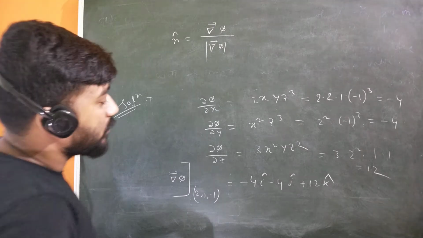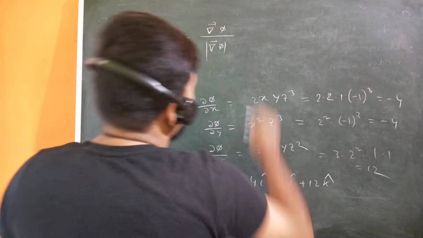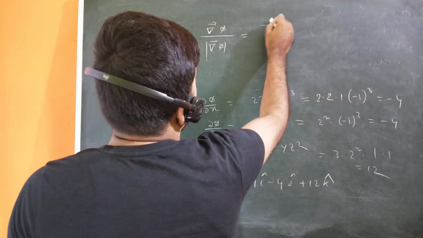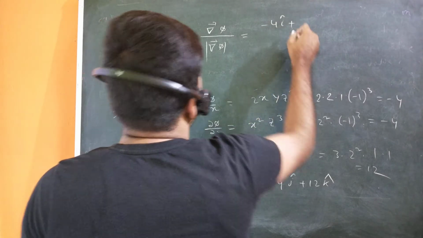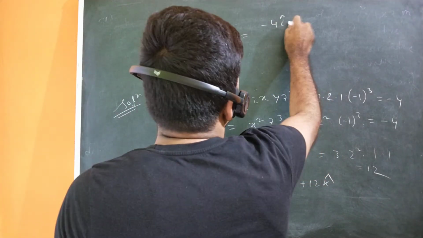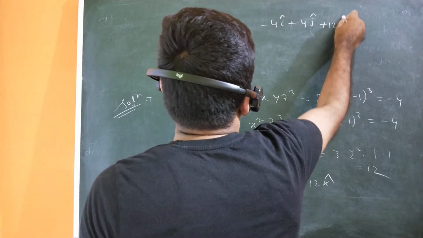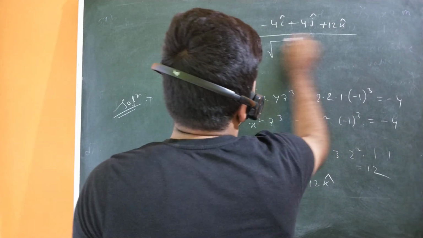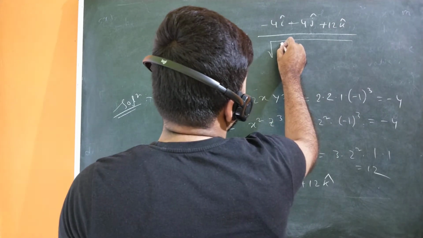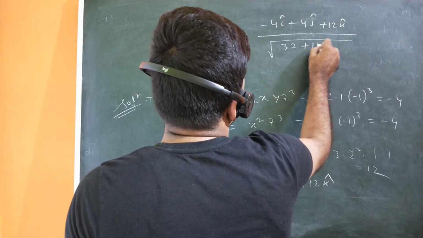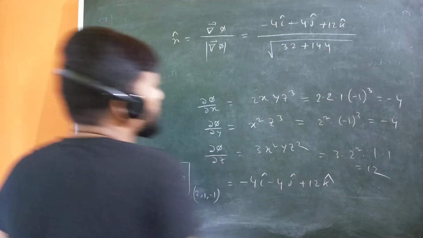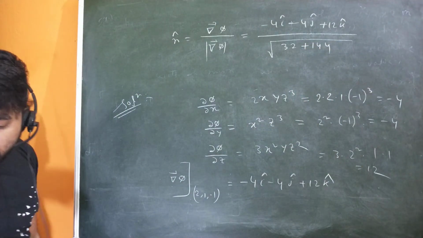Okay, and what is the modulus value of this? You can find that it is -4 i cap -4 j cap plus 12 k cap divided by root over 16 plus 16, that is 32, plus 144. Okay, so that will be root 176, I think.